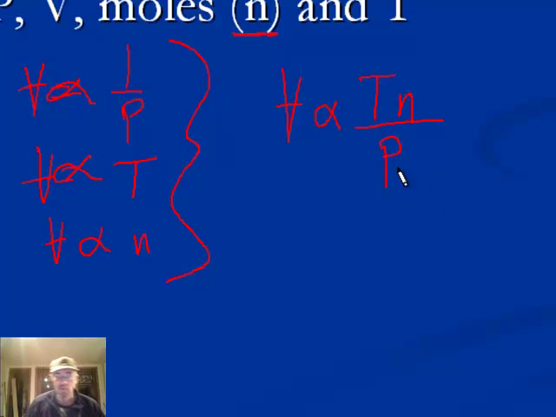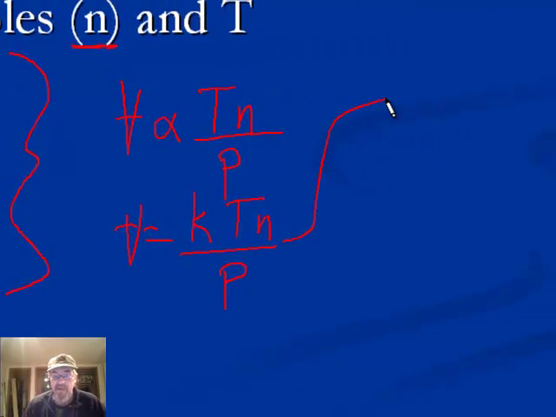If we turn that into an equation by just introducing a constant, the slope of a line, we get volume is equal to K times T times N divided by P. Well, that constant of proportionality turns out to be a really important number in science.